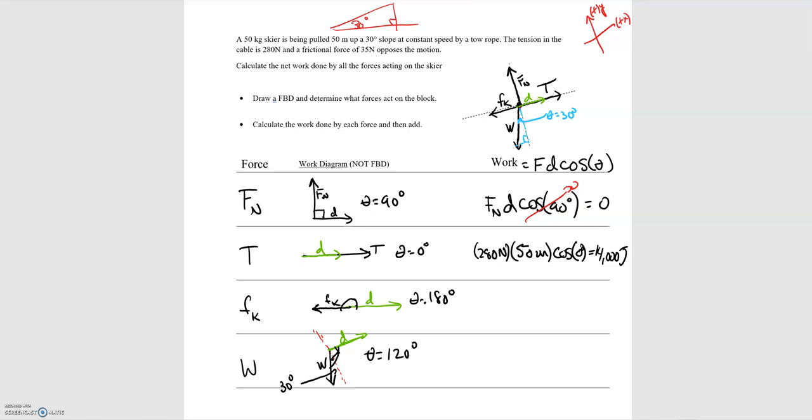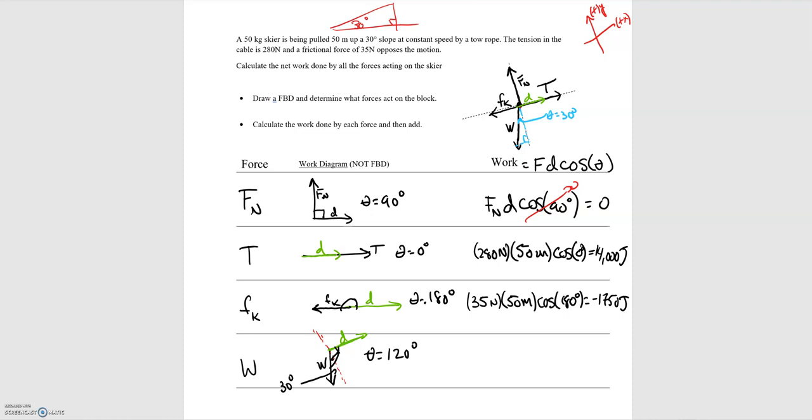Moving on, for the kinetic friction, we have a force of 35 newtons multiplied by 50 meters times cosine of the angle between them, which is 180 degrees. So instead of 1, it is -1 since it's 180 degrees. And so that's equal to -1,750 newton meters or joules.